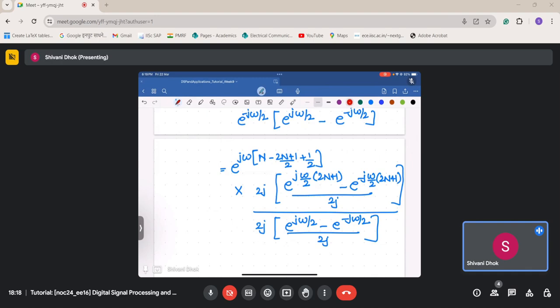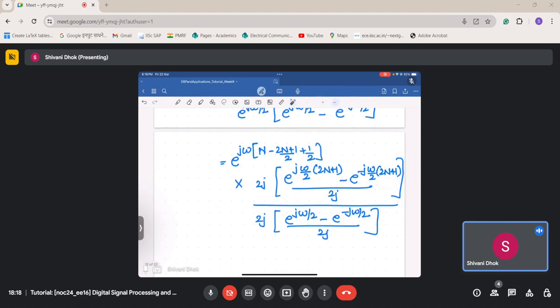So this term just goes to 0. This term goes to 0. This term here is sine of omega by 2 into (2N plus 1), and this term here is simply sine of omega by 2. Again this 2j in the numerator cancels out with 2j in the denominator.